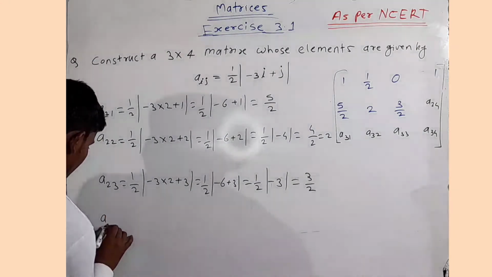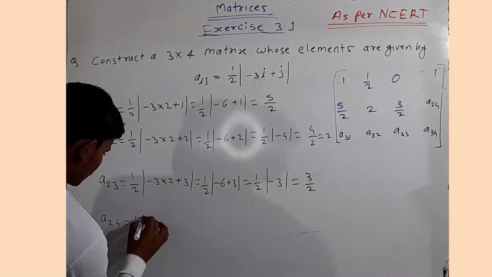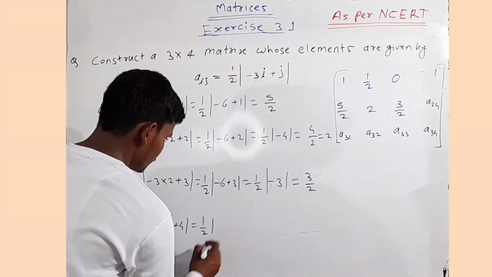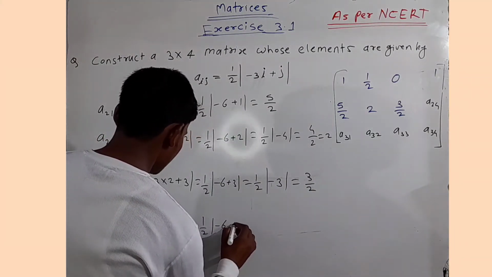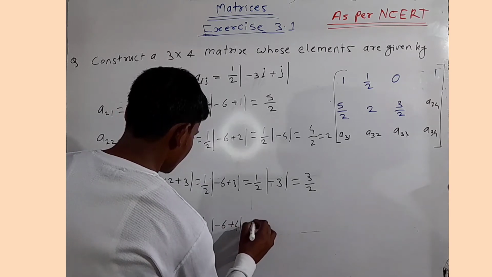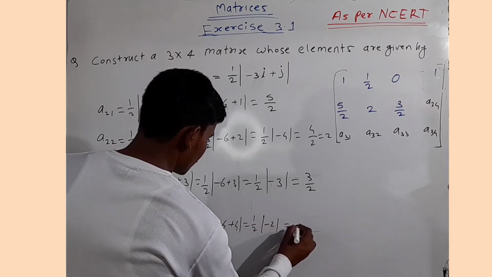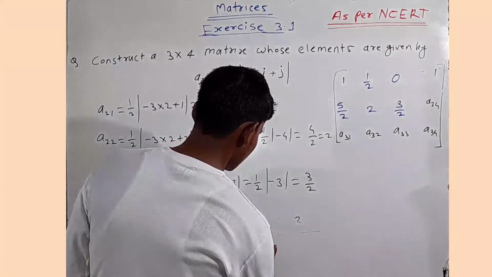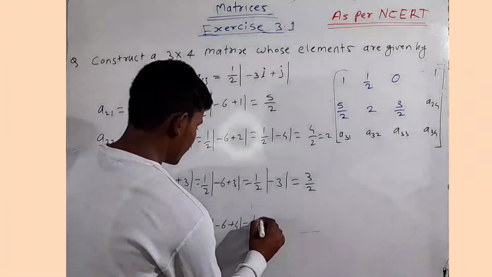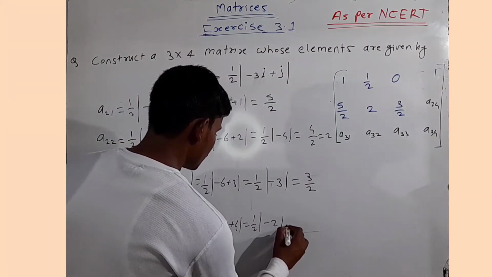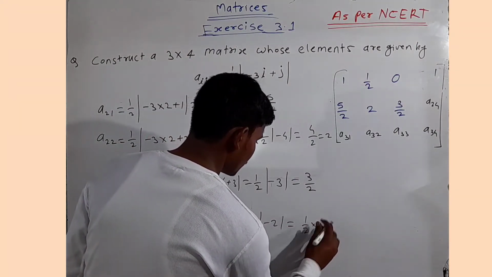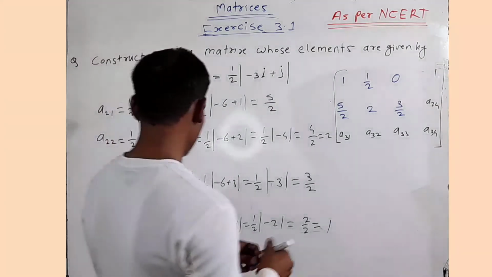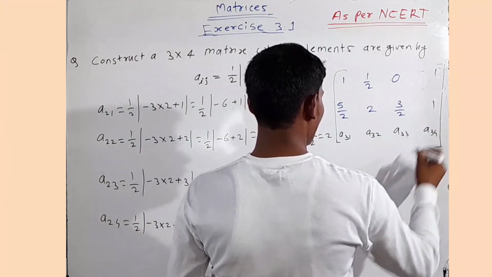Then next, A24 equals 1 by 2 mod minus 3 into 2 plus 4 equals 1 by 2 minus 6 plus 4 equals 1 by 2 mod minus 2 equals 1 by 2 into 2, that is 2 by 2 equals 1. Therefore the value of A24 is 1.